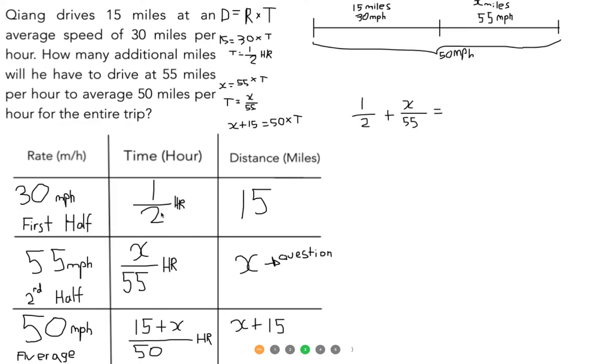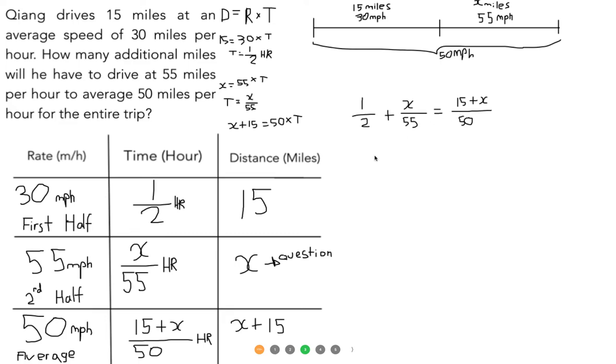And that equals the total number of hours that his trip took, which is 15 plus x over 50. And that's the total average of his hours that he took to drive during his trip.